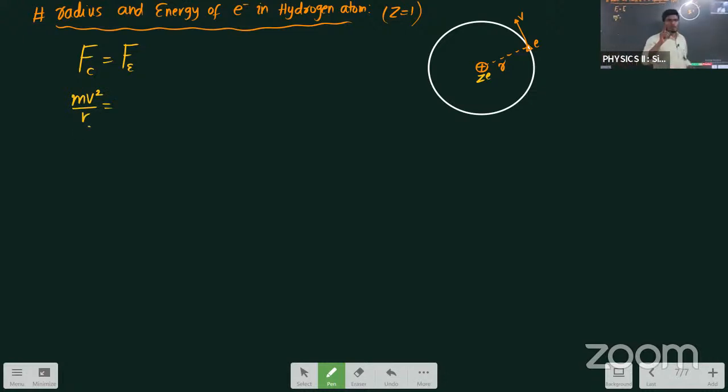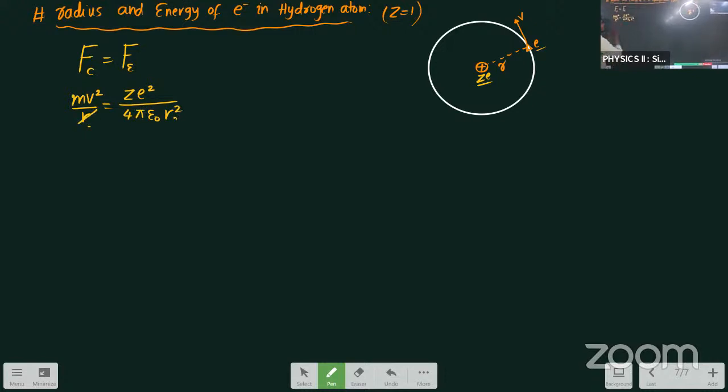According to Coulomb's law, F is equal to 1 by 4 pi epsilon naught Q1 Q2 divided by R square. What is the charge Q1? It is Ze. What is the charge Q2? e. So this will become Ze square divided by 4 pi epsilon naught into R square.